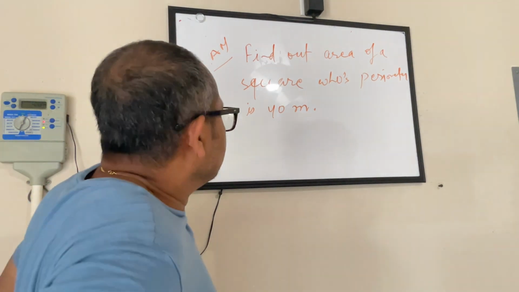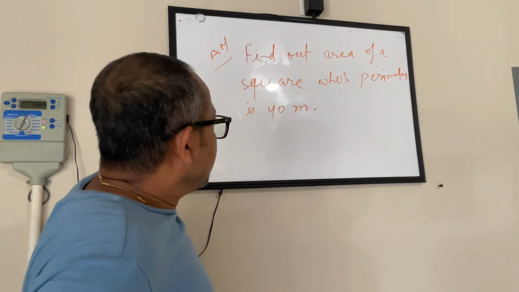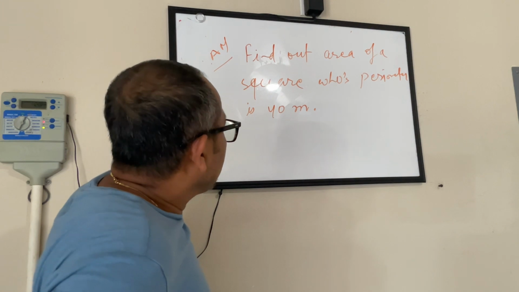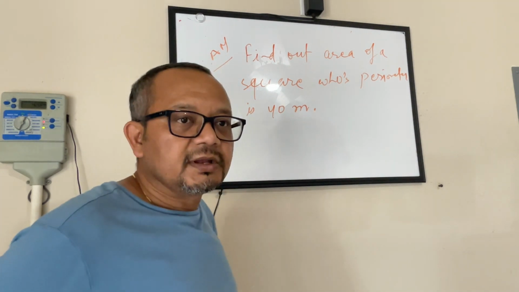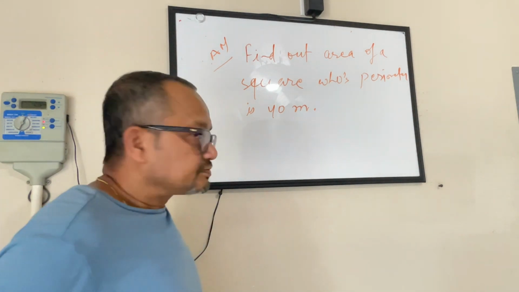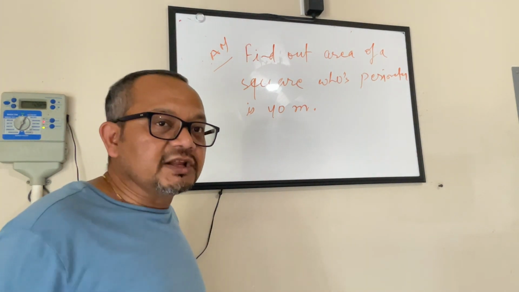Now analysis. This is when I start thinking: area of a square. But I know that a square has all sides equal. Ishan, you got the answer as well?